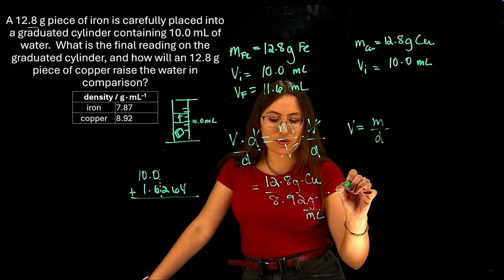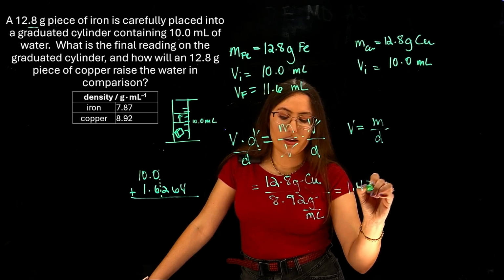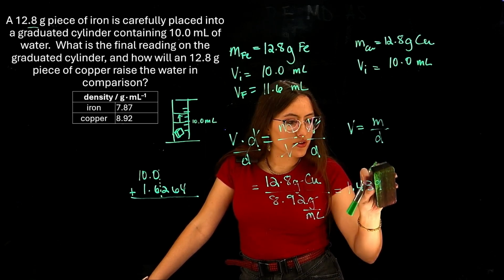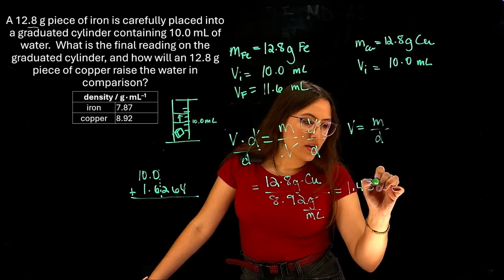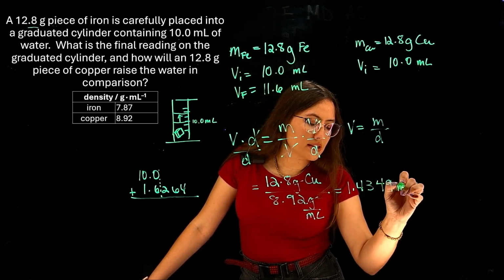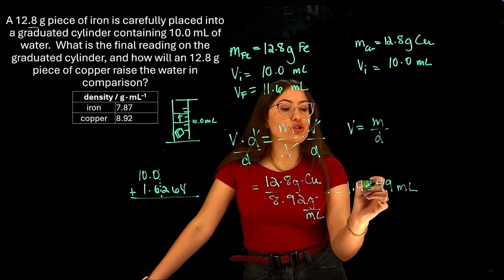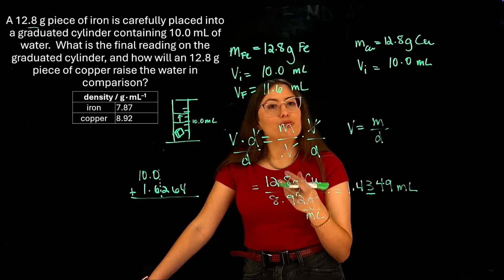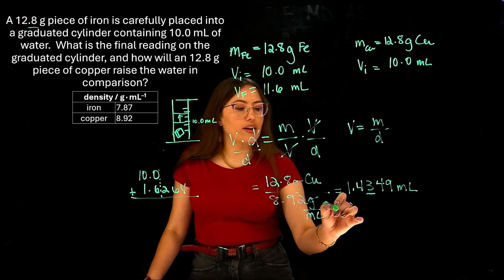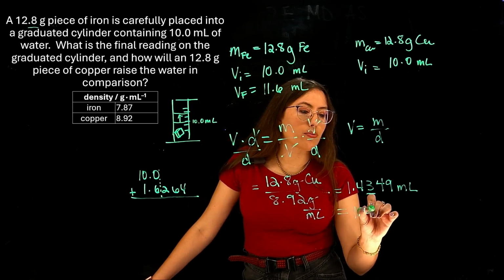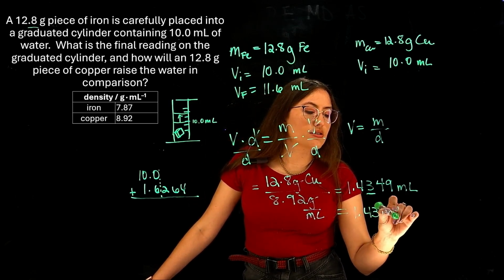This will be equal to 1.43949 milliliters. We look to see how many significant figures we should be reporting out to. It should be 3 significant figures, so this final answer would be 1.44 milliliters.